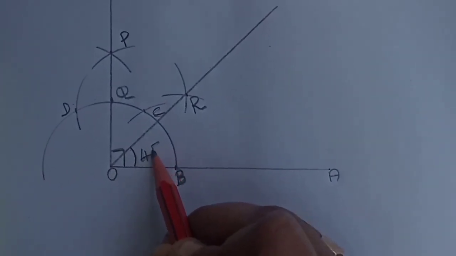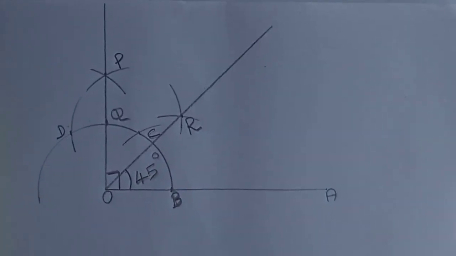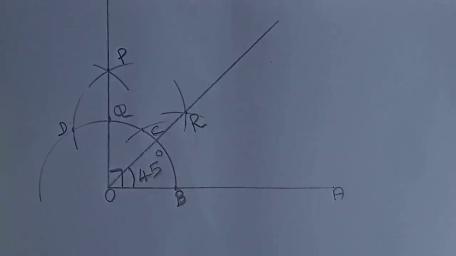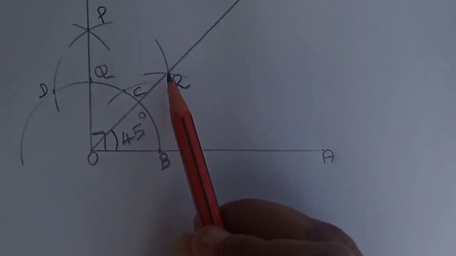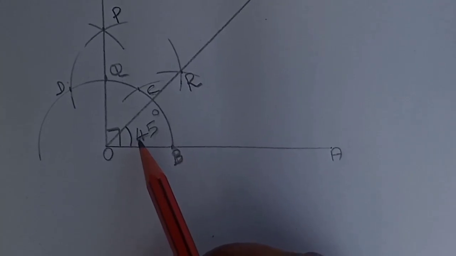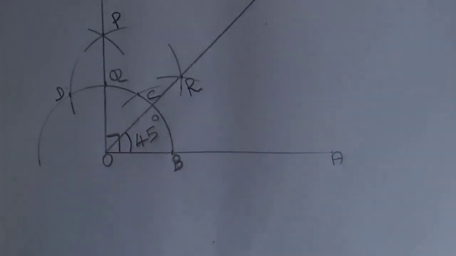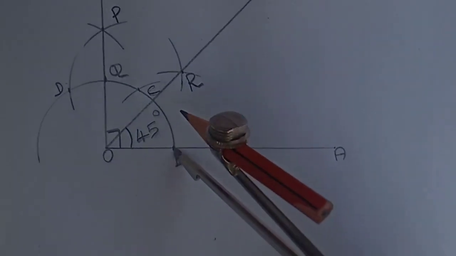So to get 22.5, we have to bisect angle AOR, that is 45 degrees. Now it is clear from the diagram that angle ROB is 45 degrees. Means to get 22.5, we have to bisect the arc BC.